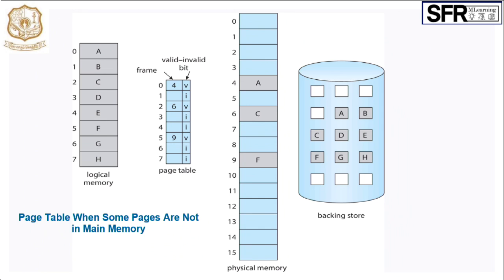A backing store consists of nearly 8 pages, A to H, and the physical memory consists of only 3 pages, and for those 3 pages in the page table, the valid-invalid bit is set to V, and for the other bits it is set to I. If a page which is not present in the main memory is required, then a page fault occurs.